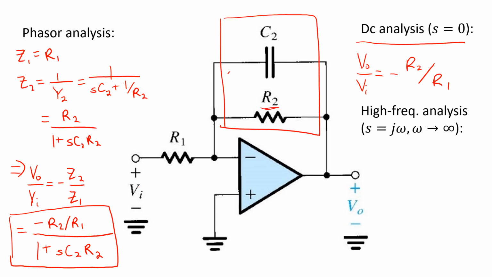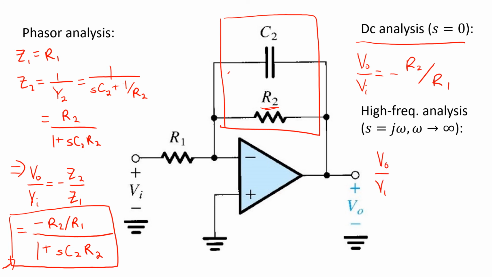And what happens at high frequency? Well, we can consider that by looking at what happens when omega goes to infinity and replace s by j omega in our analysis over here. In that case, the unity term in the denominator would become insignificant compared to the other term.